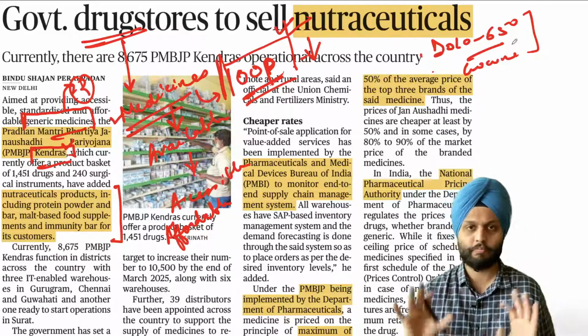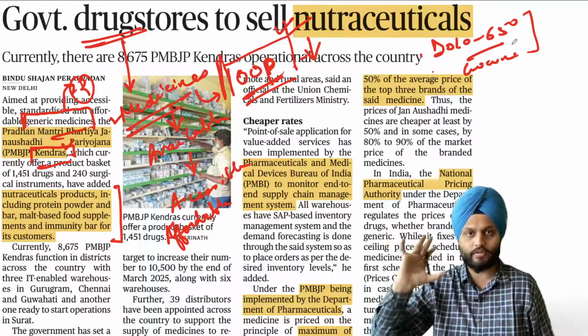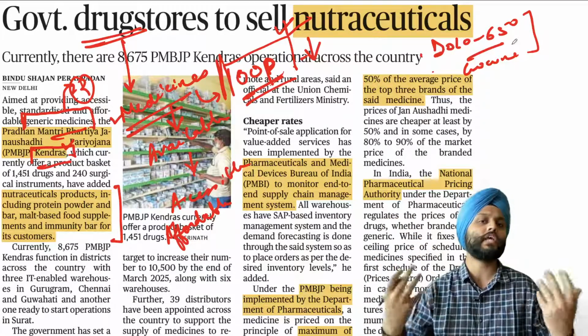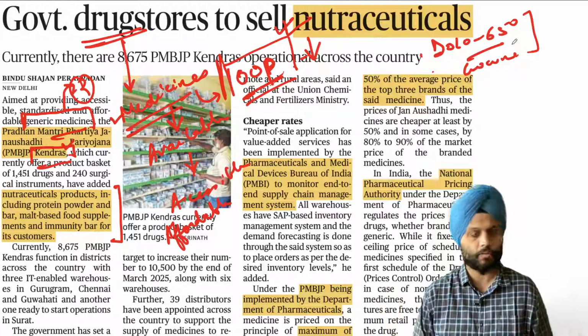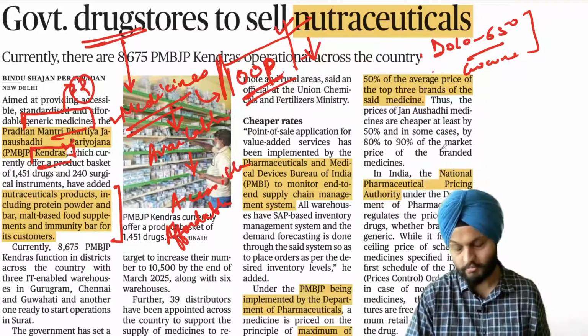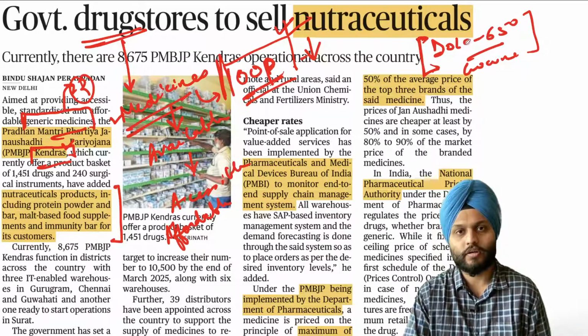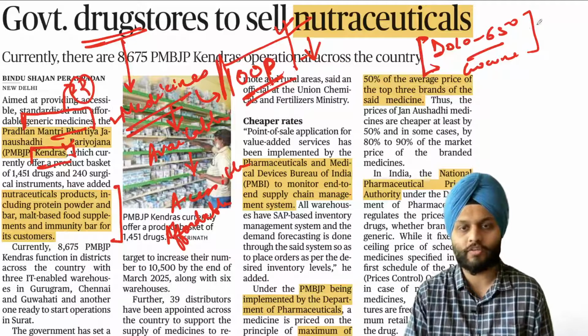I don't know the third company actually. But you get it. Dolo, these are basically branded drugs. So they are basically selling the same drug. The famous name is paracetamol. And the scientific name is something else. I don't know what is the real name. So they are selling these branded drugs. So the salt is basically the same.